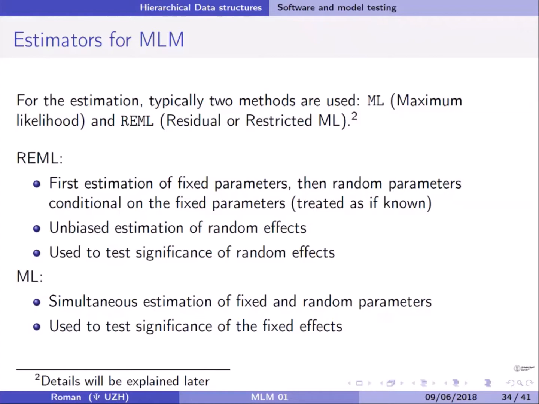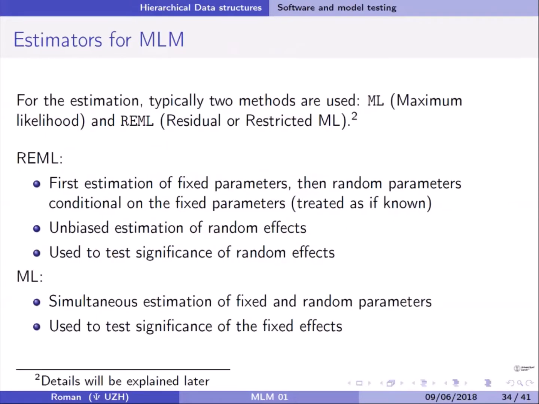In REML, however, first estimation of fixed parameters occurs, then random parameters are estimated conditional on the fixed parameters, treated as if they are known. It's got unbiased estimation of random effects, biased estimation of fixed though, so we only use it to test significance of the random effects.